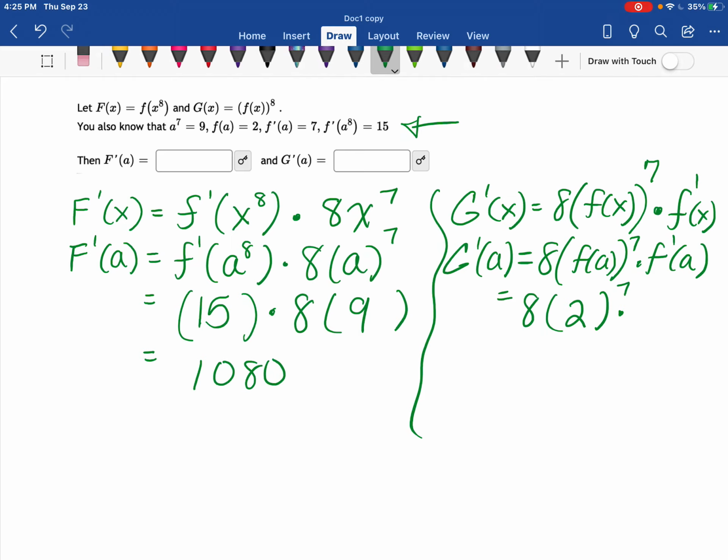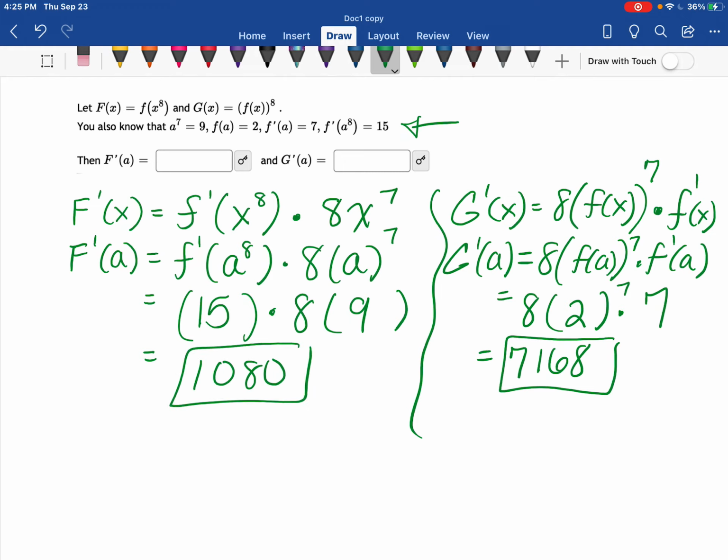When I look at the information that's given to me in the problem, I see that f prime of A is equivalent to 7. So then I got to take 2 to the 7th, multiply that by 8, and then multiply that by 7. And when I do that, I get 7,168. So this is capital G prime of A. And then this is capital F prime of A.